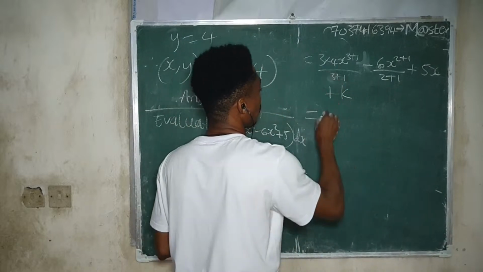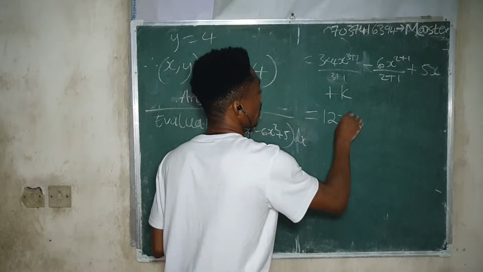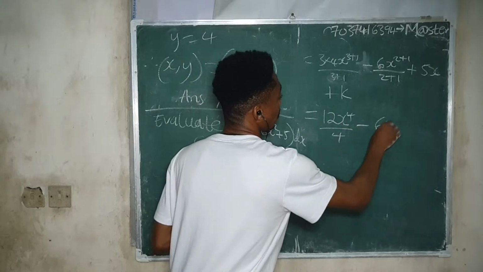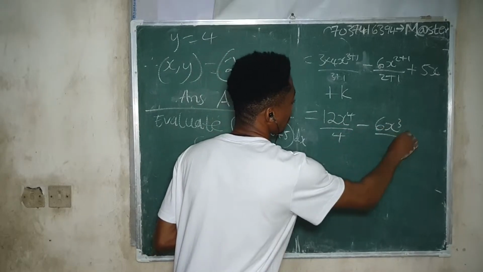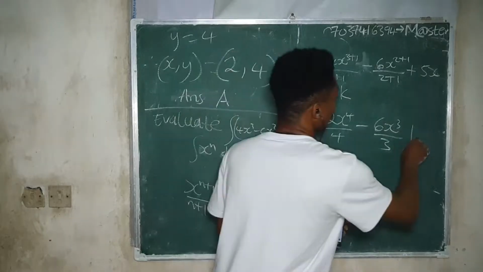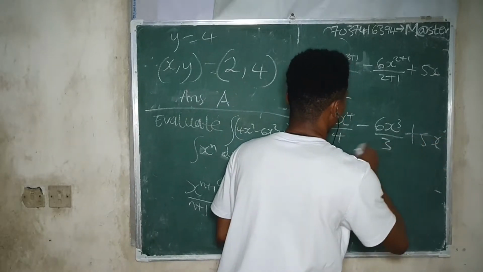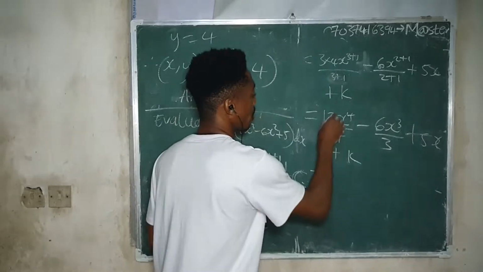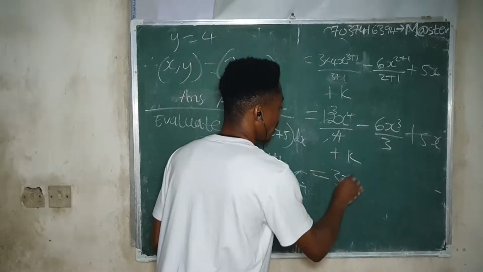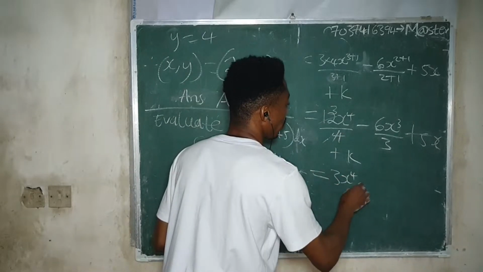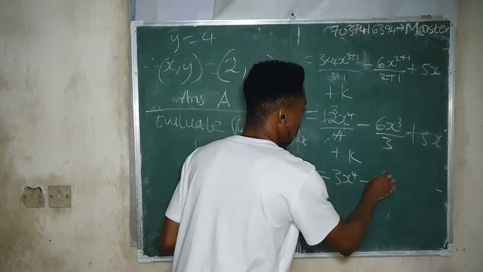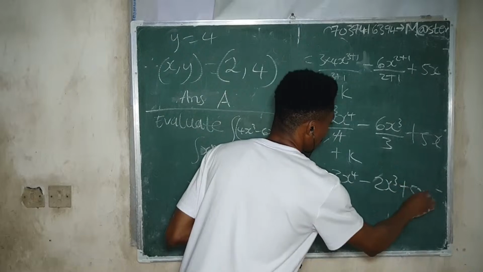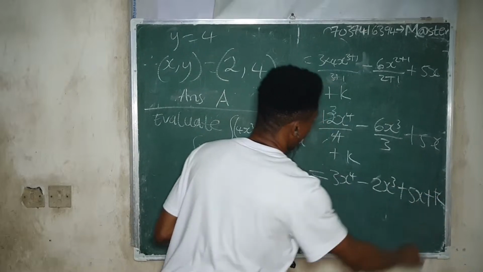This will now become 4x raised to power 4 all over 4, minus 6x raised to power 3 all over 3, plus 5x plus k. So this becomes x raised to the power 4, minus 2x raised to the power 3, plus 5x plus k.